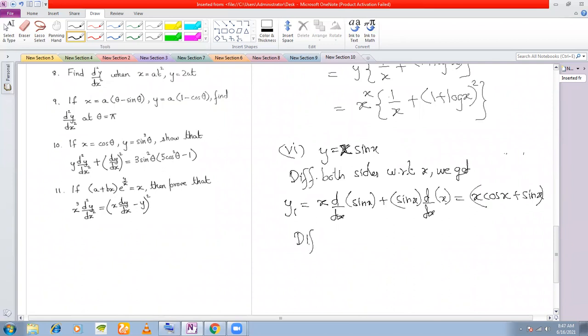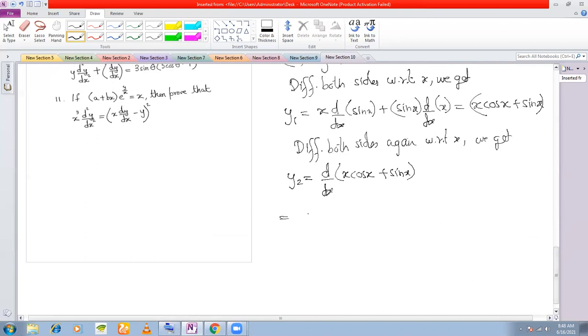Differentiating both sides again with respect to x, we get y2 is equal to d dx of x cos x plus sin x. So d dx of x cos x plus d dx of sin x.